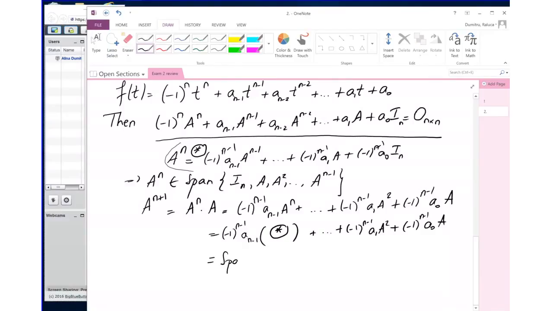Okay, so a to the n plus 1 is in the span of what set? Well, in the star formula, we have everything from identity to a to the n minus 1, and then we have again a through a to the n minus 1, so same set.